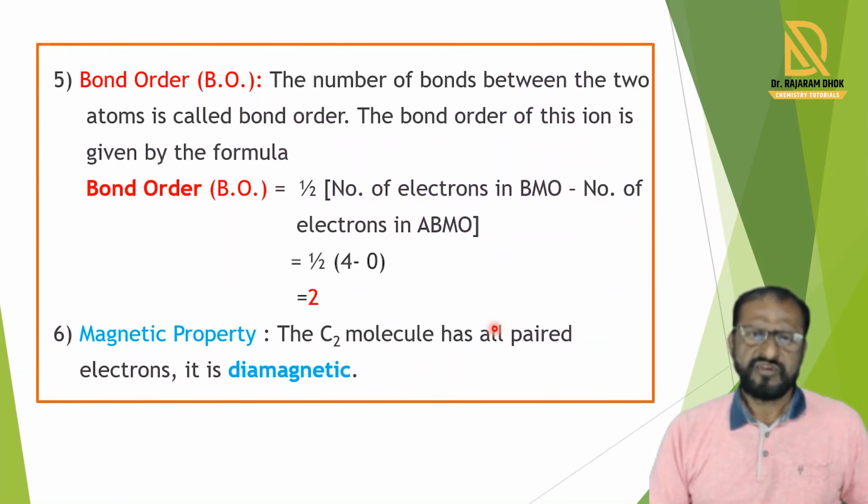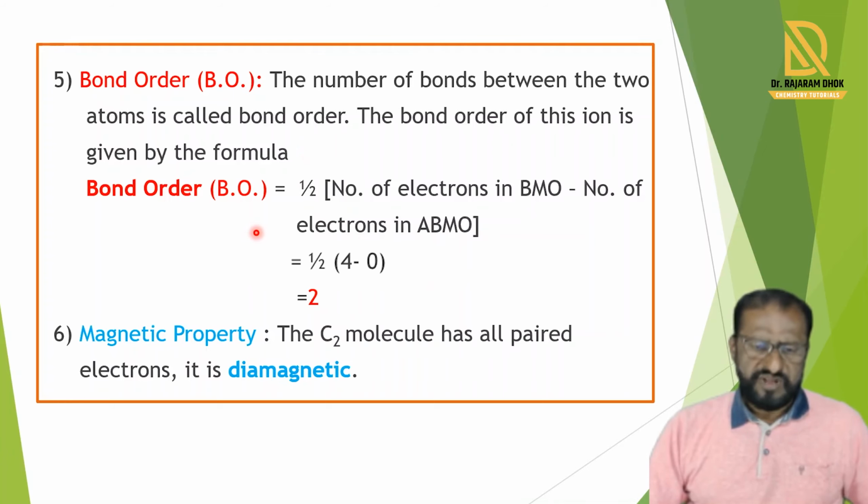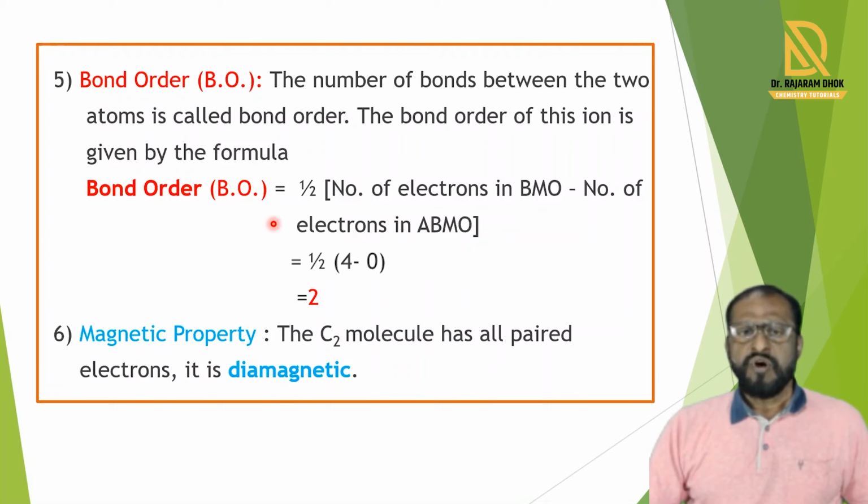From this, we write the bond order. The number of bonds between the two atoms is called bond order. The bond order of this C2 molecule is given by the formula: bond order is equal to 1/2 into the number of electrons in bonding molecular orbitals minus the number of electrons in antibonding molecular orbitals.